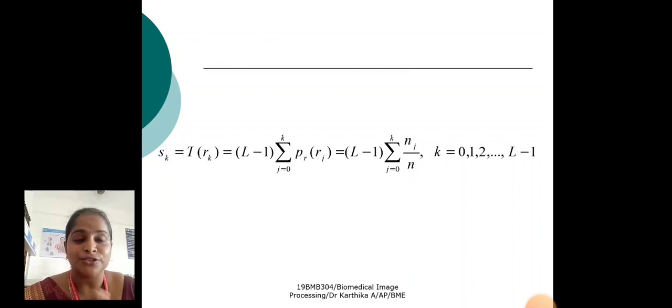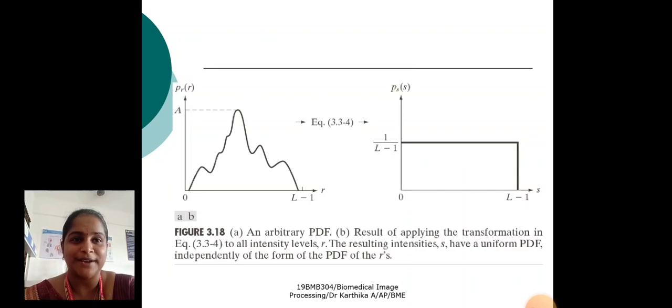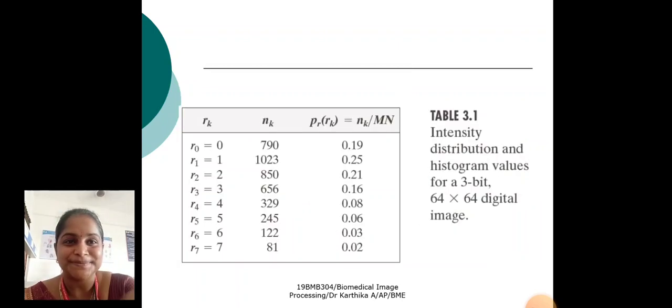Here the k value is from 0 to L minus 1. This shows an arbitrary PDF and the result of applying the transformation to all intensity levels r. Here it shows the resulting intensities s having a uniform PDF, independent of the form of the PDF of the r's.